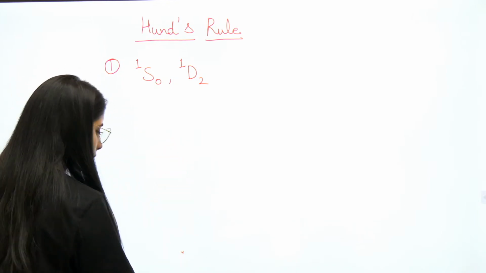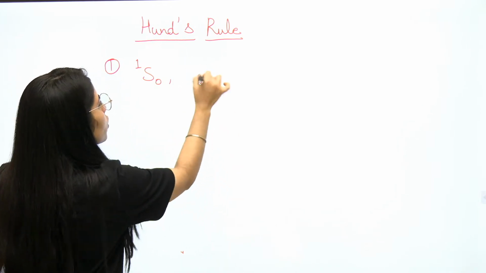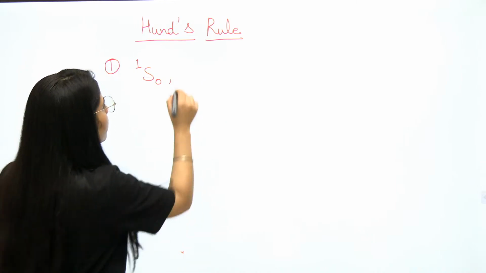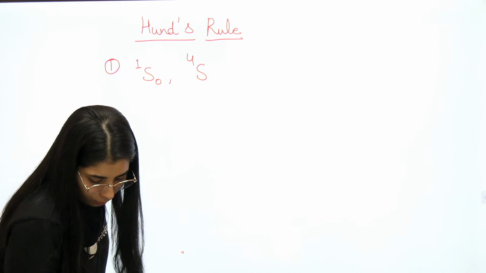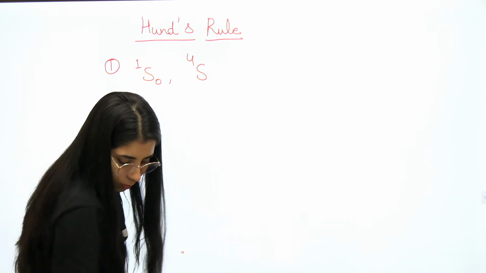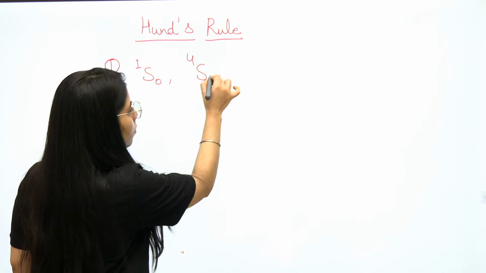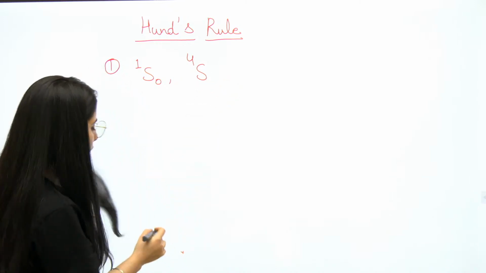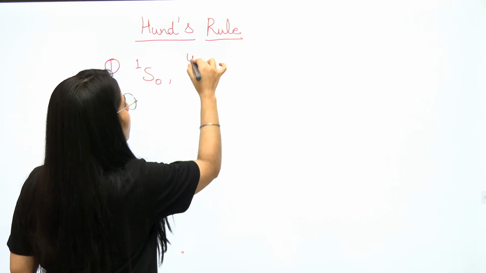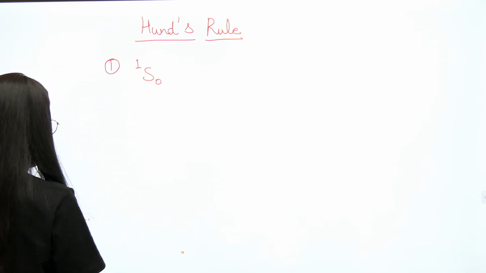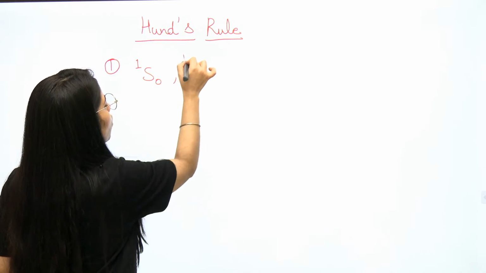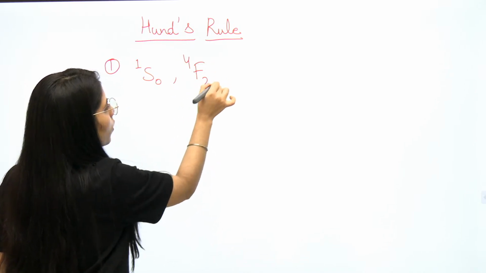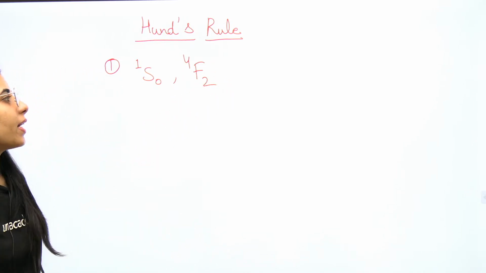Let's consider that one because I want it to be different. Or let's take 3F2. Any two things, I just want the multiplicity to be different. Okay, so let's say 4F2. Random example I have taken. Clear?